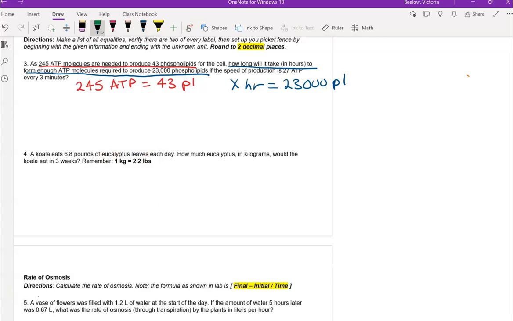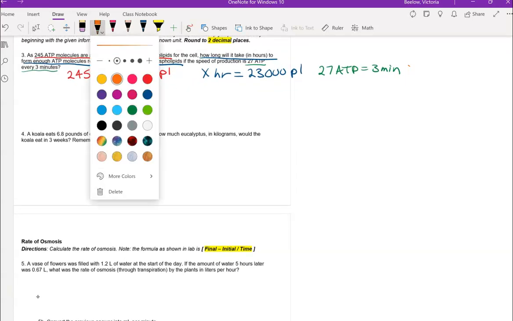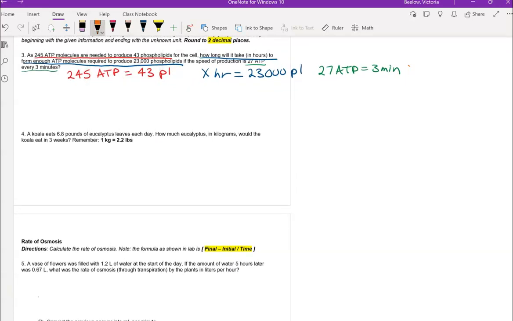And then if I keep reading, I see it also says if the speed of production is 27 ATP every 3 minutes. So that means 27 ATP is equal to 3 minutes. Now you probably think, okay, I have everything. Well, yes, but I'm noticing there are units of time.